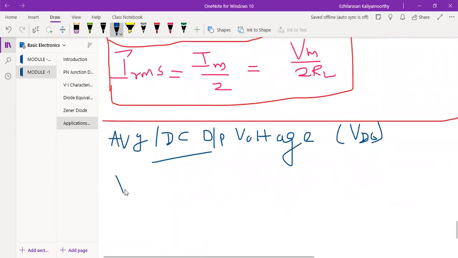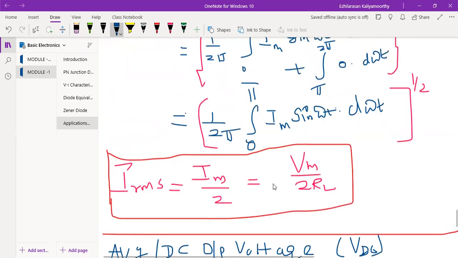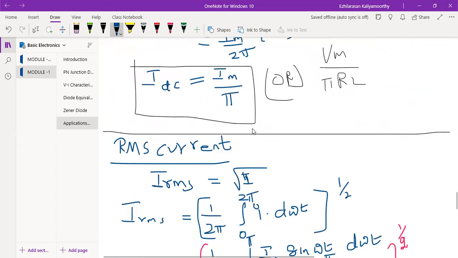As you know, as per Ohm's law, VDC is equal to IDC into RL. Correct? We already calculated the IDC value. Here IDC is nothing but IM by pi.